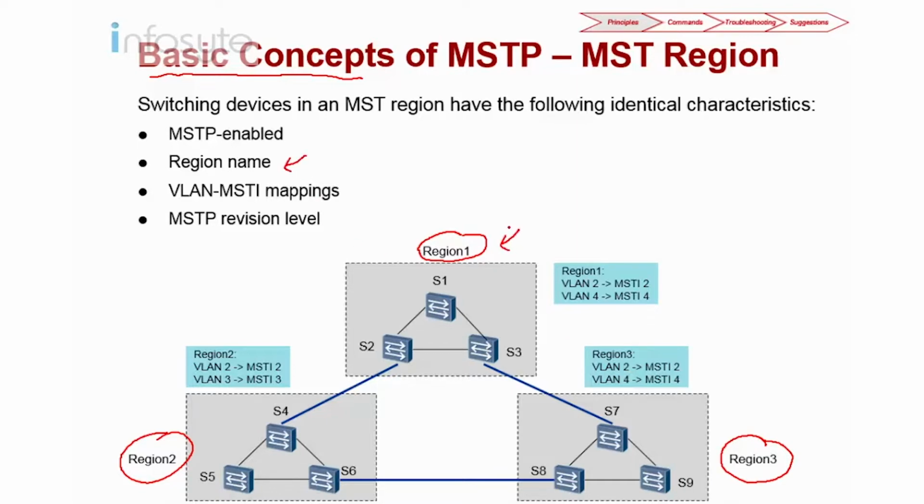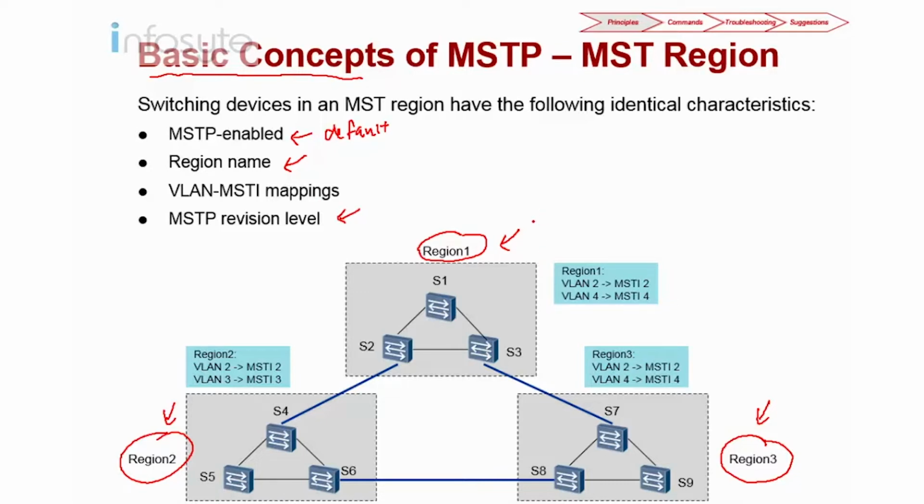Before we start MSTP, all the switches need to be MSTP enabled, and by default Huawei uses MSTP. So we need a name. We have three different names here, so that tells us that we have three different regions. Another thing that you have to configure when you configure MSTP is the revision level.